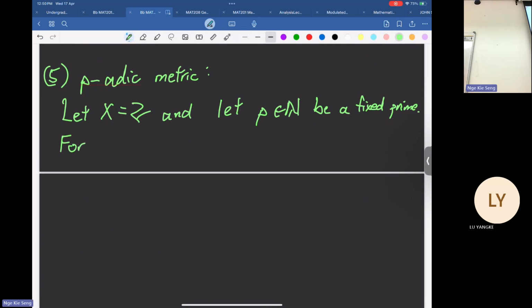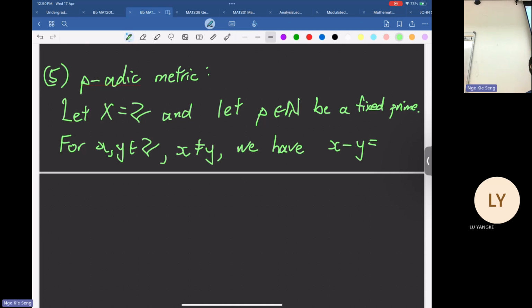So for any two integers x not equal to y, we have x minus y equals some integer.